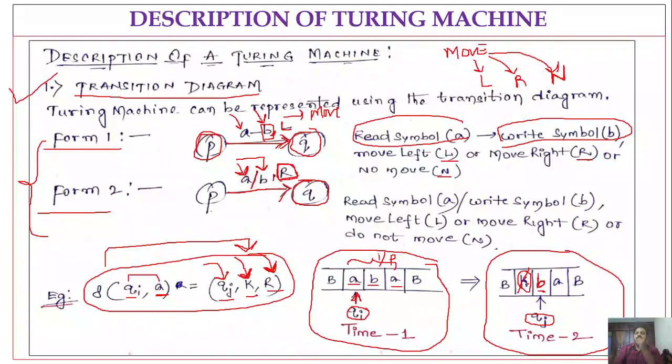As I mentioned, these three operations are performed simultaneously. While we could represent the input pointer moving towards either left or right, in that representation we have to consider all three operations together.